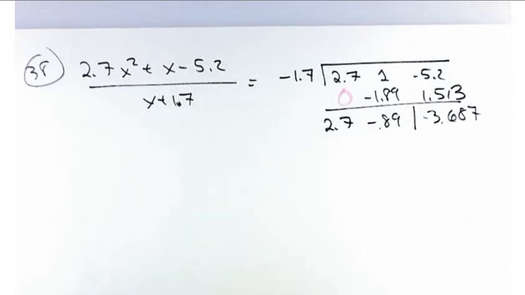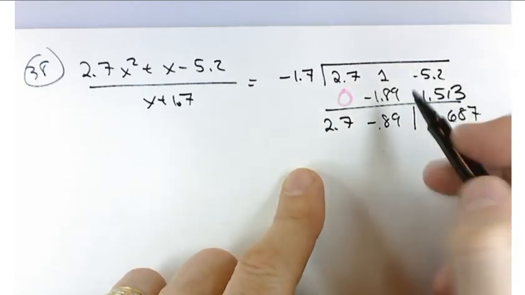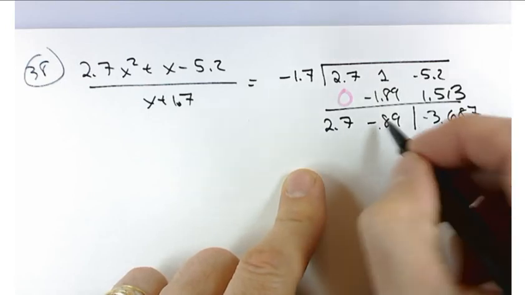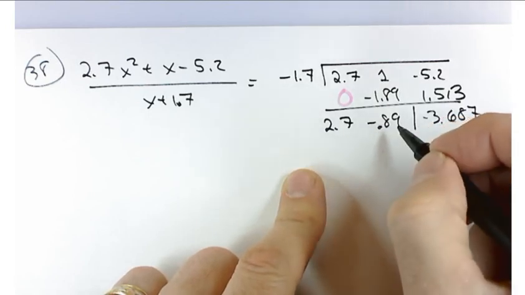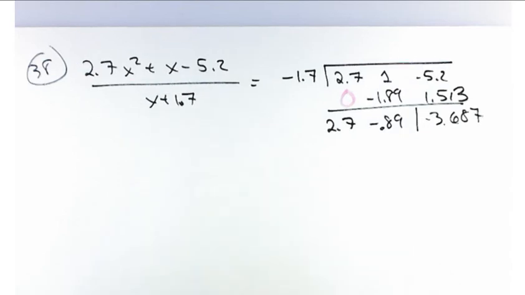Are you guys getting the same numbers as I am? No? Uh-oh. Let's see here. Yeah. Negative 4.59 instead of negative 1.89. Oh. Where did I screw up on that?